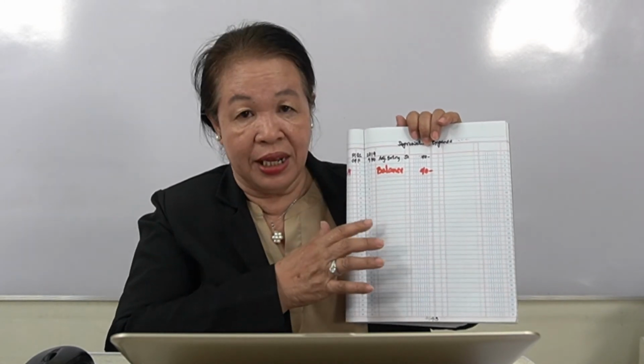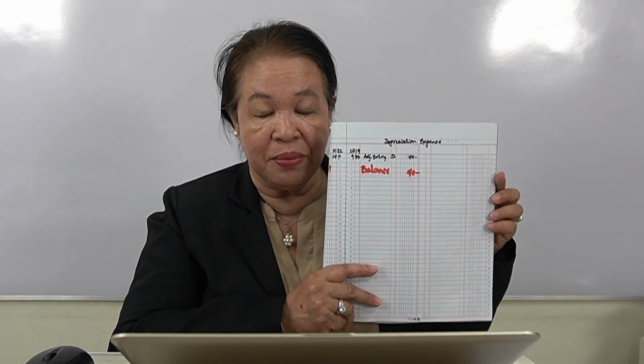Walang credit, kaya yun yung balance natin na dadalhin sa income statement. Depreciation expense naman natin is 40. Debit kasi expense siya. Wala din siyang credit. So, ito yung dadalhin natin sa adjusted trial balance na dadalhin din doon sa income statement para ma-claim natin as an expense.